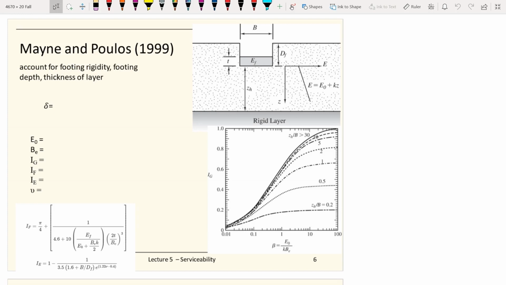You need to understand that soil is not a homogeneous material in terms of properties, even within the same layer. Actually, in this Mayne and Poulos method, they try to capture the modulus values with a profile.